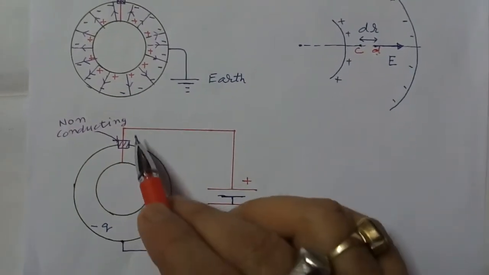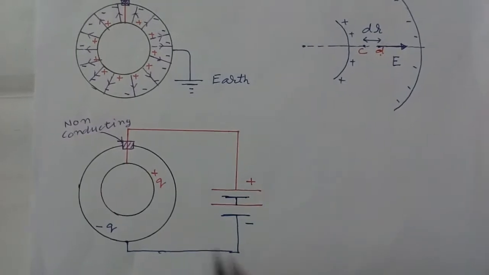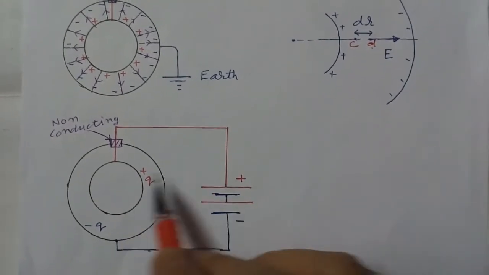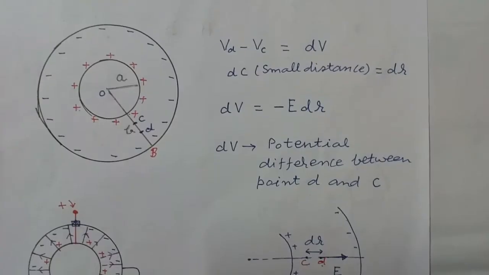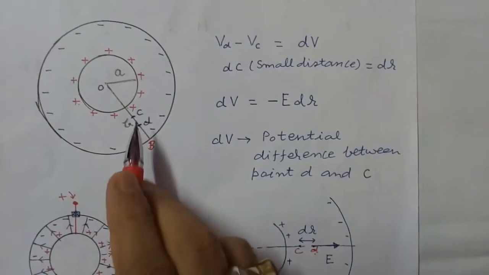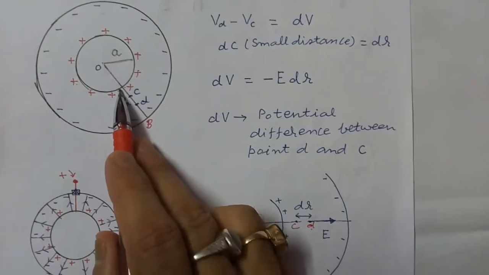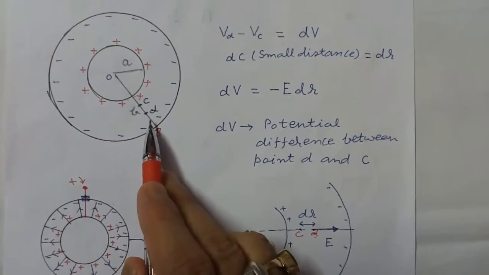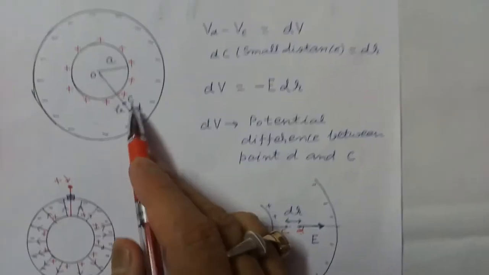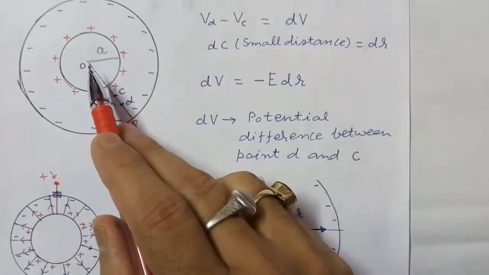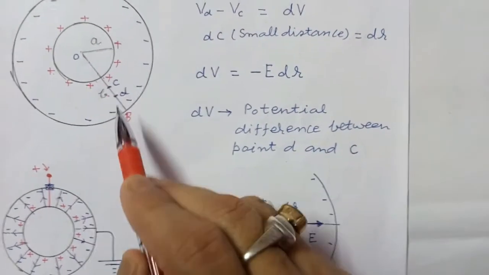This is another arrangement to connect this spherical capacitor. Now first we will find the potential difference between these two spheres. The direction of the electric field is radially outward.